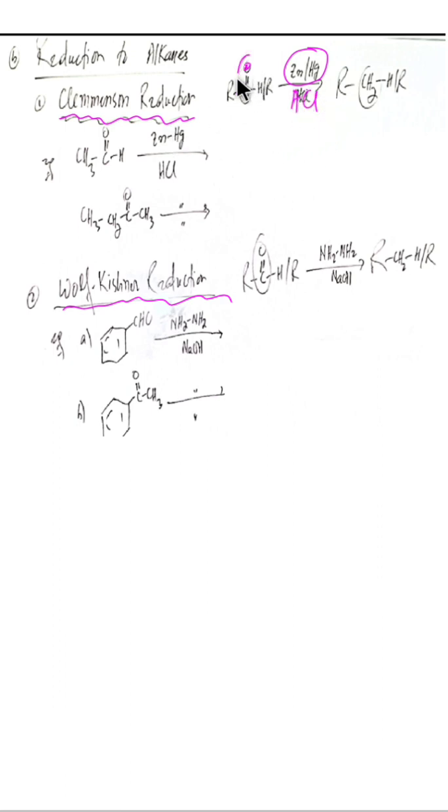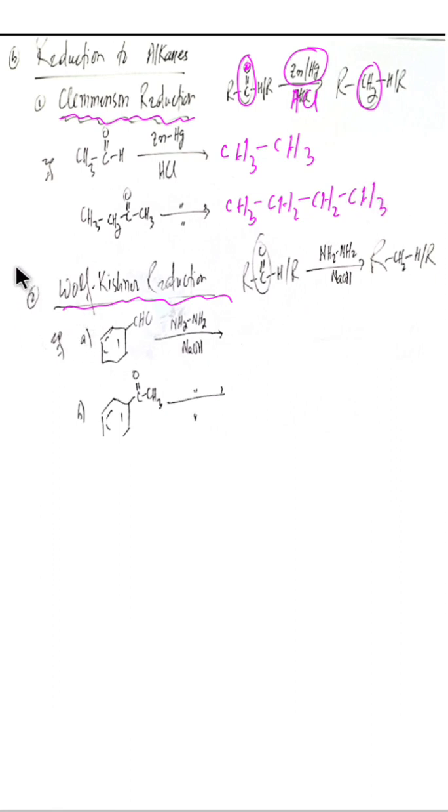Then this CO is just converted into CH2. Rest of the things will remain same. So here are some examples. Ethanal is reacted with zinc amalgam in presence of an acid. So we are going to get this as the product. Here we are going to get CH3CH2CH2CH3.